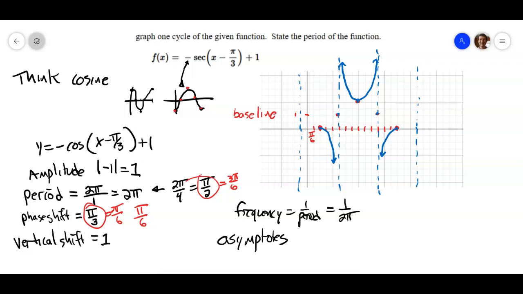So take the first asymptote. Where do we have this? This is at 1, 2, 3, 4, 5 pi sixths. 5 pi sixths plus k times how far to the next one? Pi, where k is an integer.